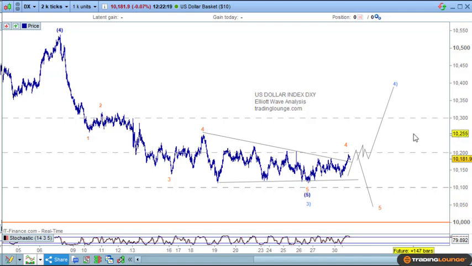I'm thinking that if the 102 here becomes a nice tested support, then we're on our way up here. If it fails to find support, it can trade above it, but once it's got the first high above the level, then anything above that would suffice to take us up higher.